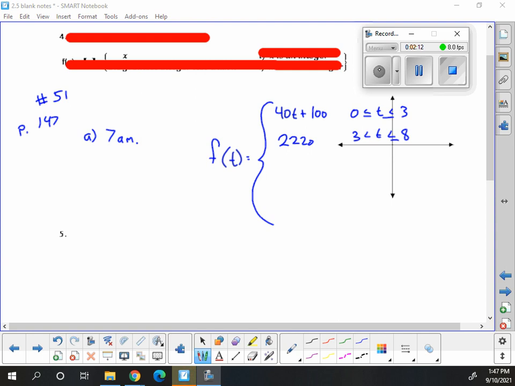And then after 220, how much is it? What's this number right here? 8. So we've got 0 to 3 hours, 3 to 8 hours, 8 to 10 hours, and then what's next?